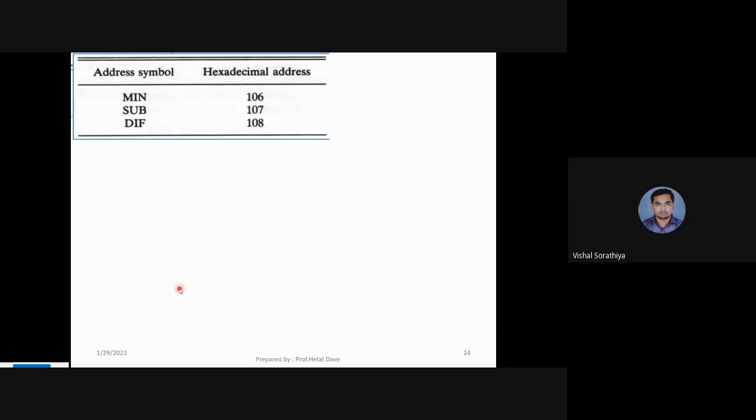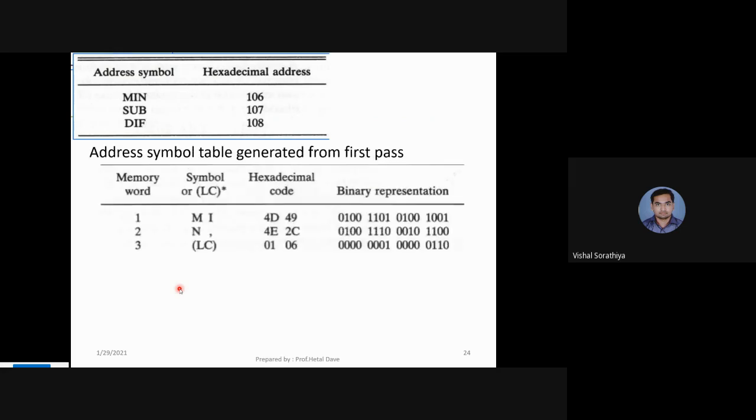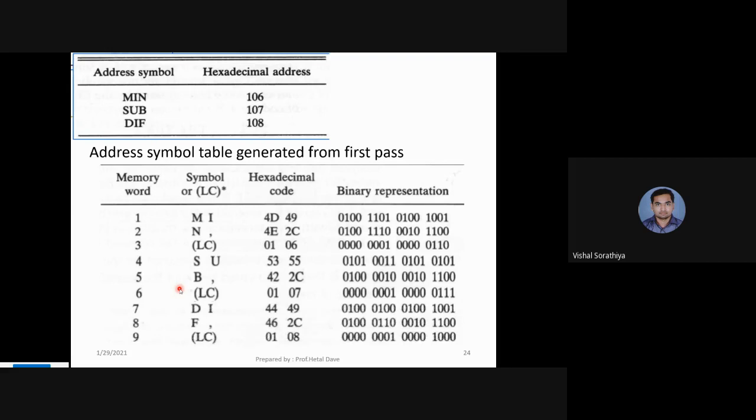then it increments by 1. Likewise, let us see the address symbol table generated from the first pass. Over here it will be like symbol and location counter.